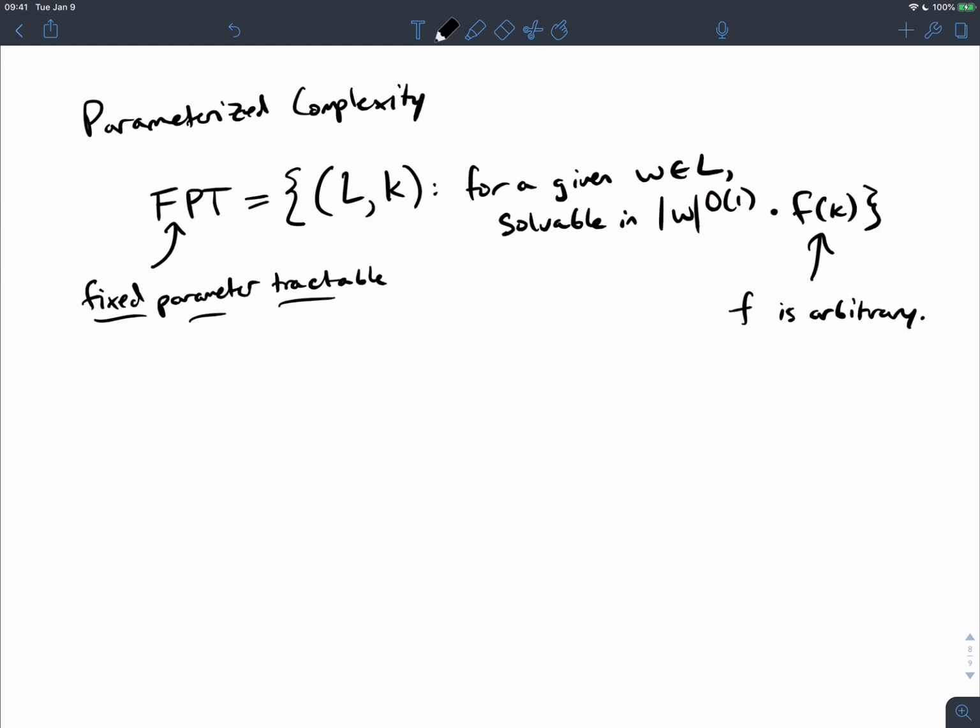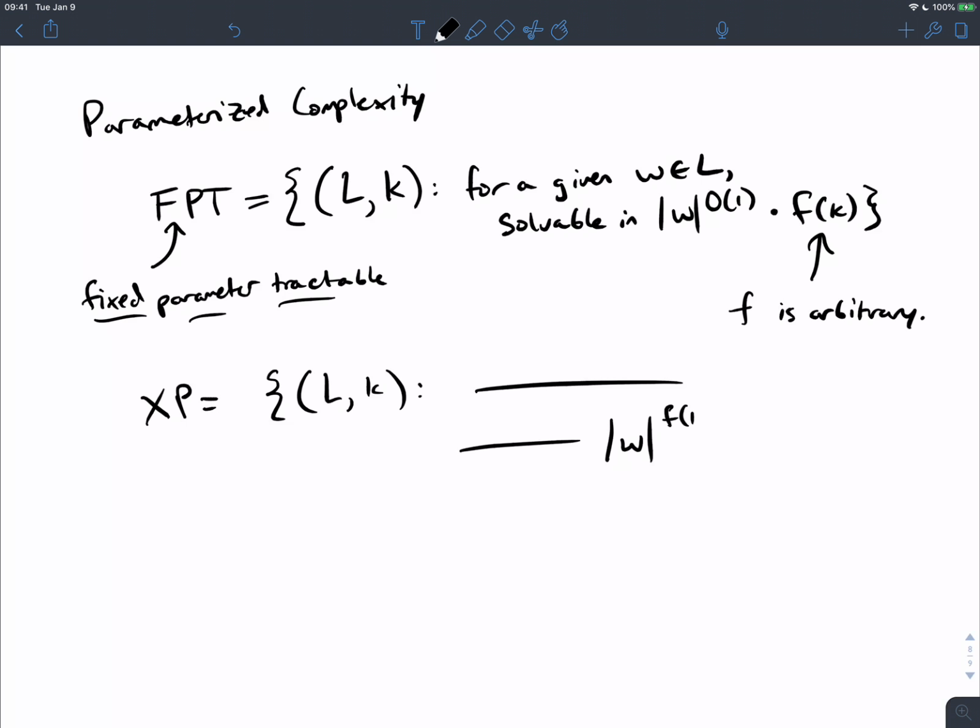And then another one that people talk about is called XP. It's the same thing, except it's solvable in the size of the input to the power f of k time. Here, this is not necessarily a polynomial in the size of the input.